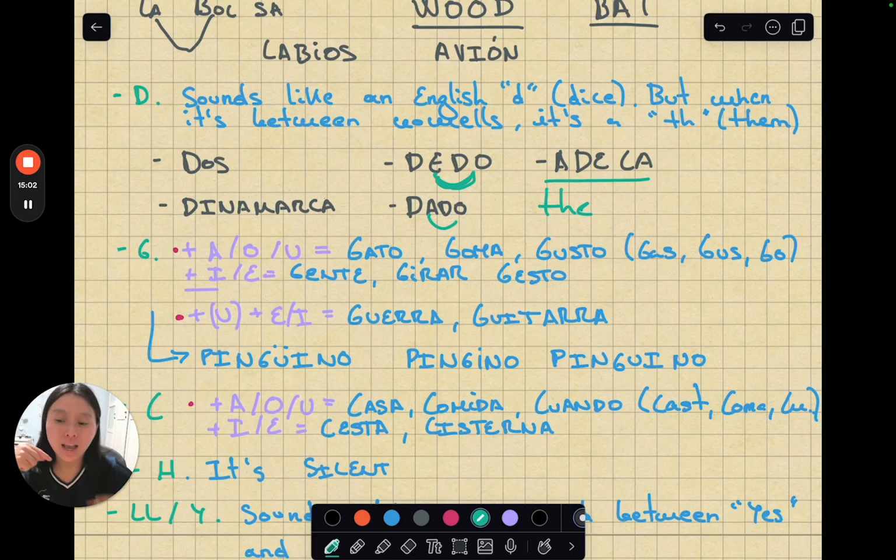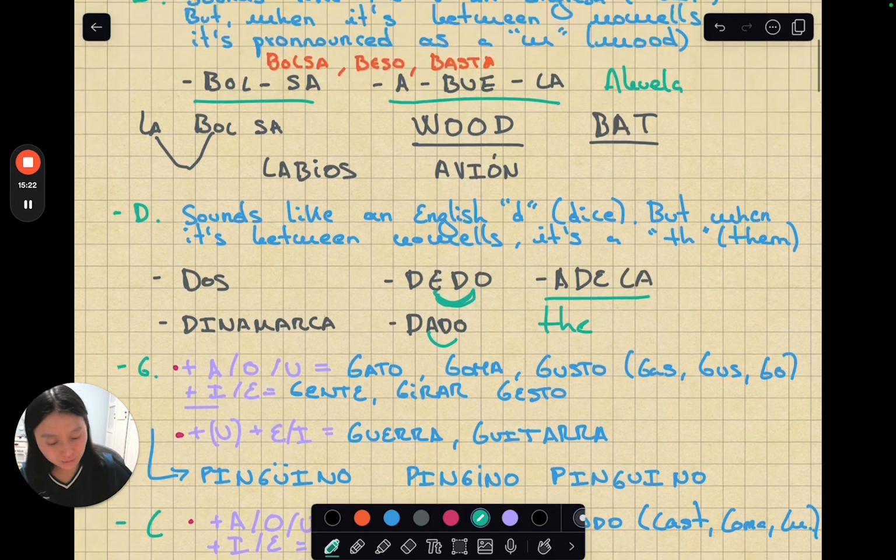See how soft I'm pronouncing it? Adela. So yes, as I said before, the tongue is between the teeth, but the teeth don't pressure the tongue. Adela.